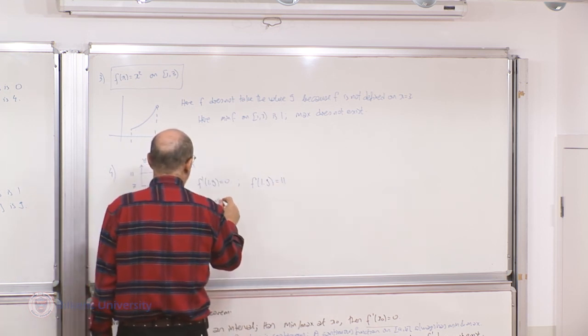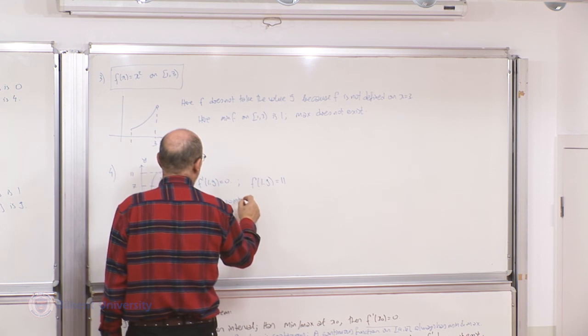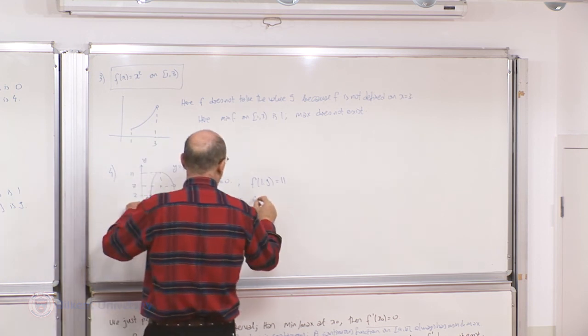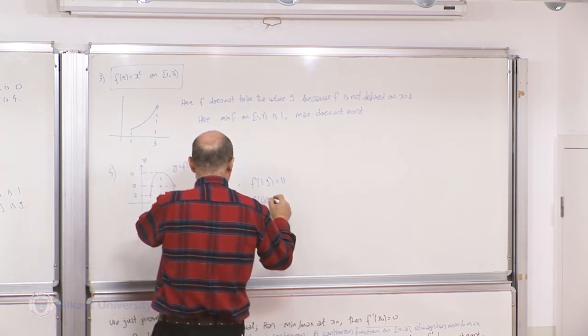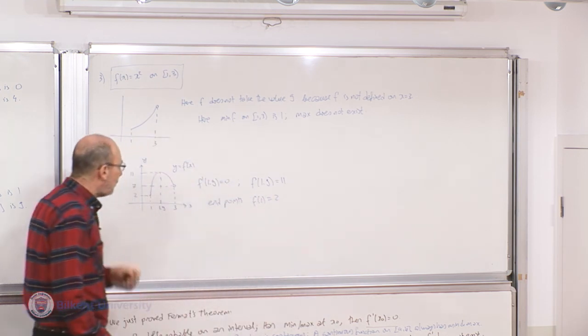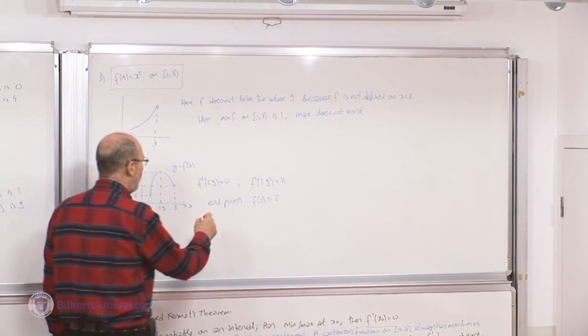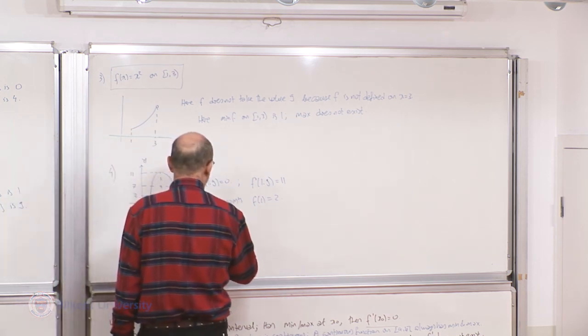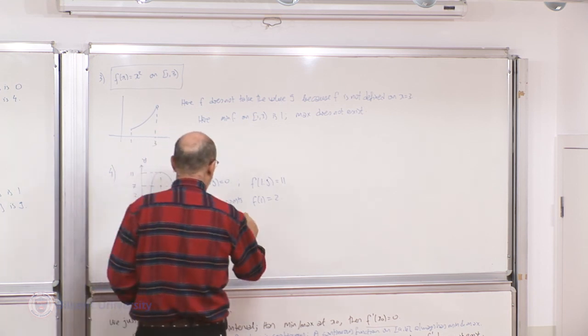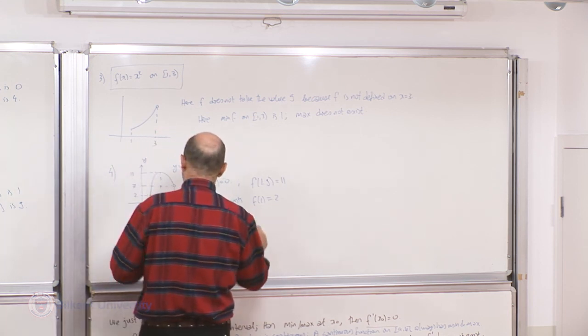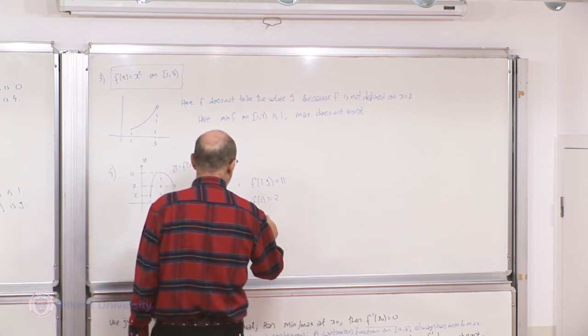Okay, so endpoints, you have only one endpoint, 1. F of 1 equals 2. But is this minimum? Okay, in this case, you have to also check the limit as x goes to 3 from below of f of x. And that is equal to, in this case, 7.